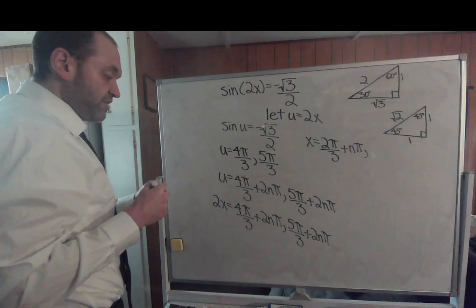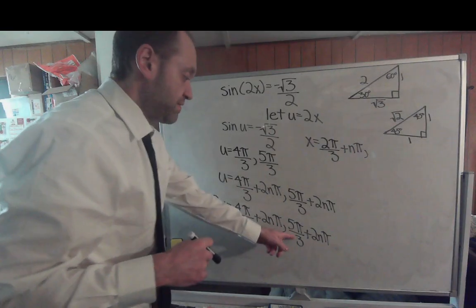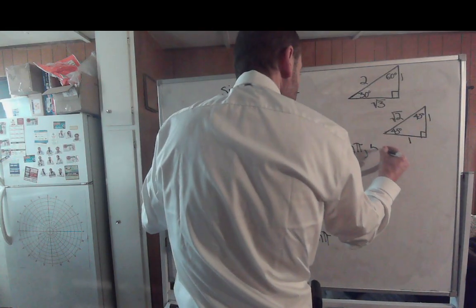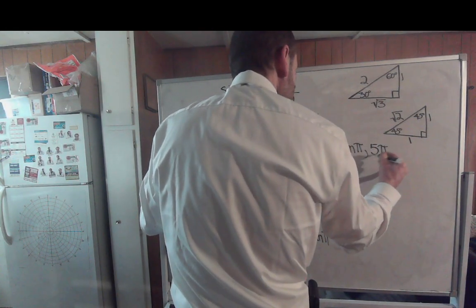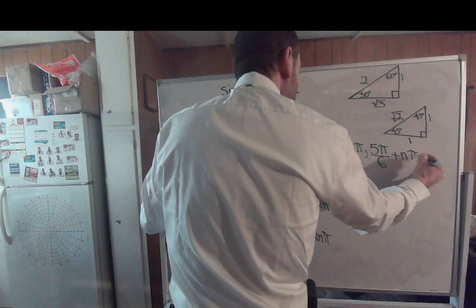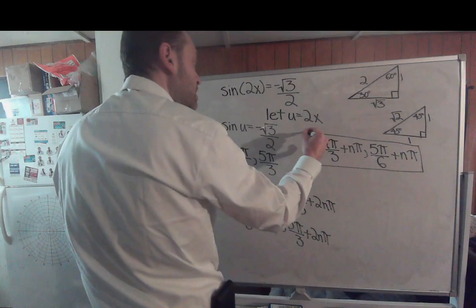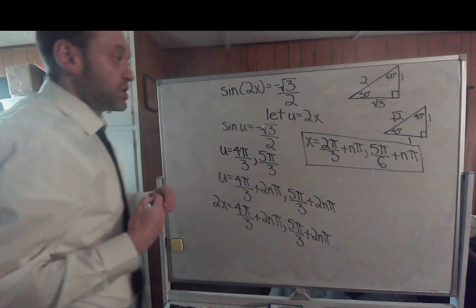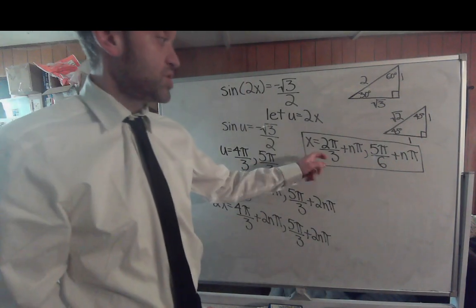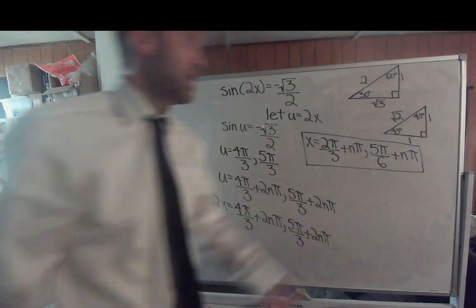And 5 pi over 3 divided by 2 is actually going to turn into 5 pi over 6 plus n pi. So those will be your two general solutions: x equals 2 pi over 3 plus n pi, and then 5 pi over 6 plus n pi.